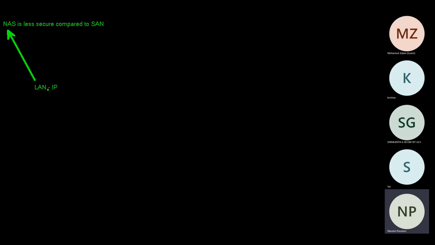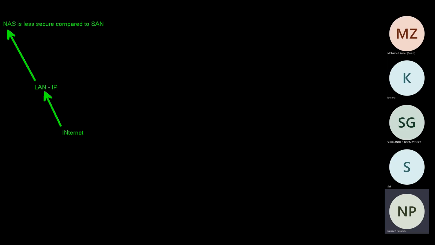Somewhere this IP address or LAN network might be connected to the internet, right? Obviously we'll take precautions, but because of that there are some chances of attacks. Like for example, in 2018, we had a ransomware attack. These kinds of things might happen, and this might impact the data stored in the NAS storages, the storage presented through NAS.